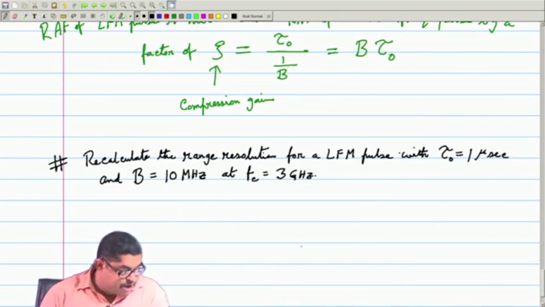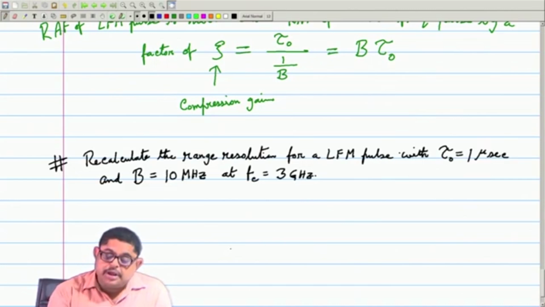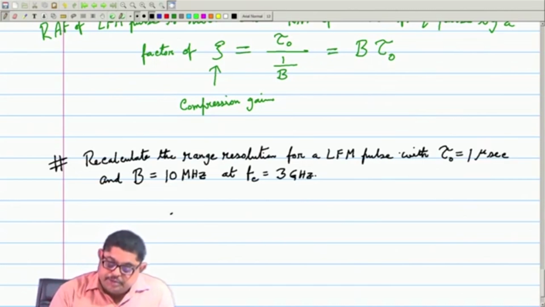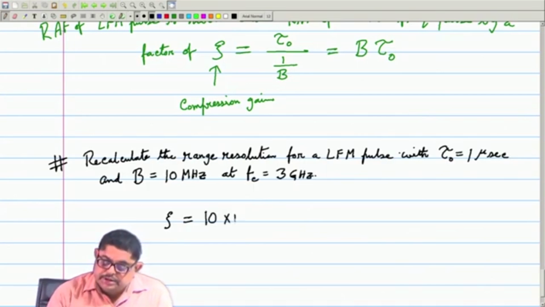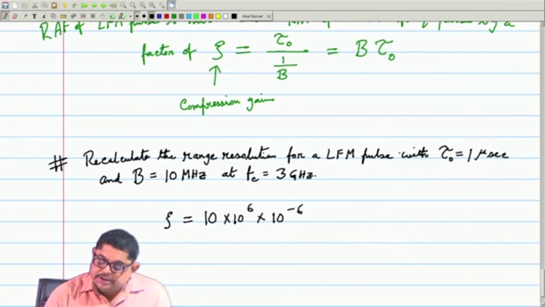So, recalculate that. You can easily find what the pulse compression gain is; that will be B tau naught. B is 10 megahertz, 10 into 10 to the power 6, and tau naught is 10 to the power minus 6.